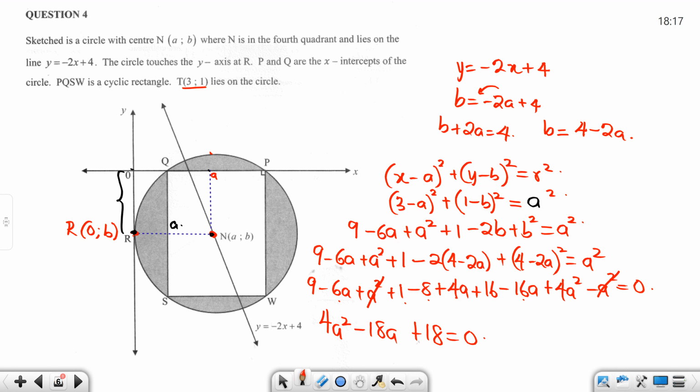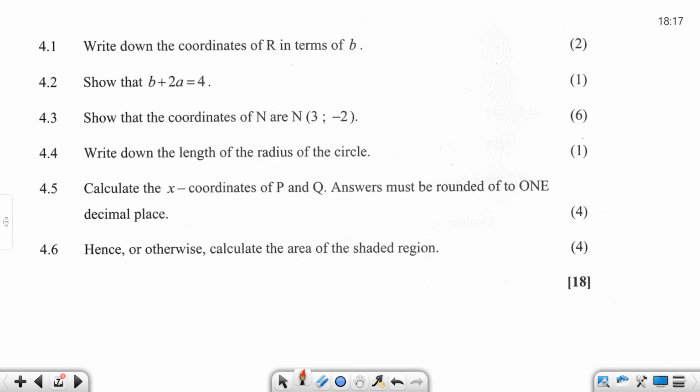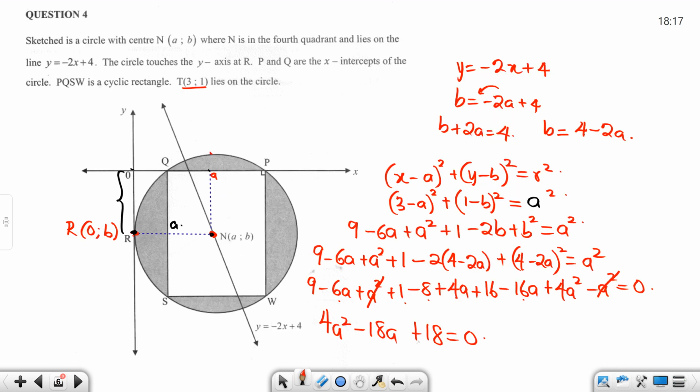We just added. Add all the A's. Use a calculator to add all the A's. Just add negative 6 plus 4 minus 16. Please use a calculator. What's your answer? A equals to what? 3 or what?